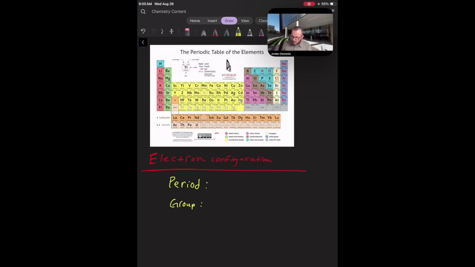A period is going to be going vertical along the periodic table. So this would be period one, period two, three, four, five, and so forth. And this is going to define our energy level.